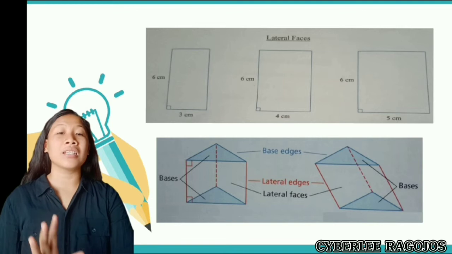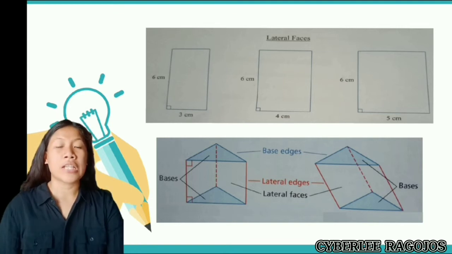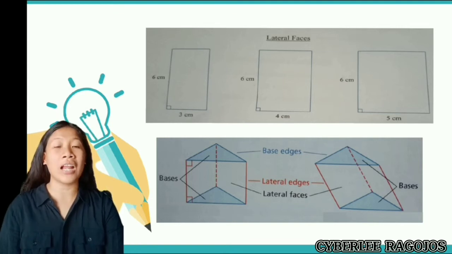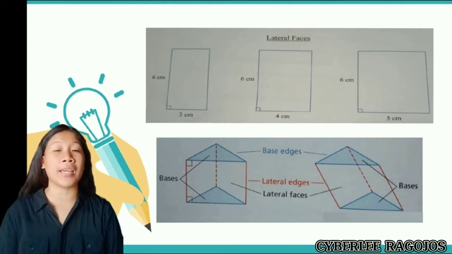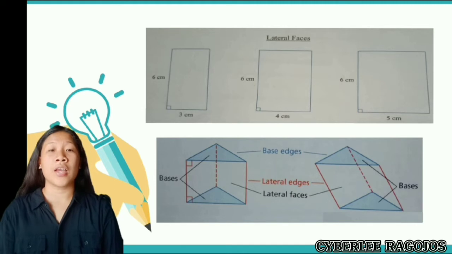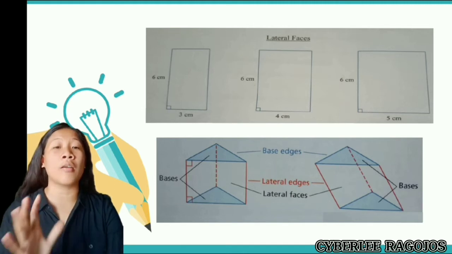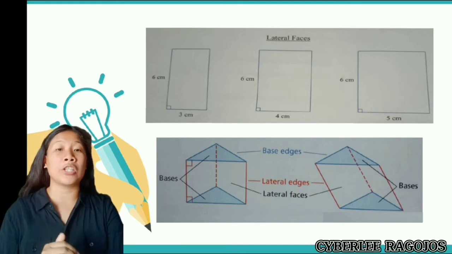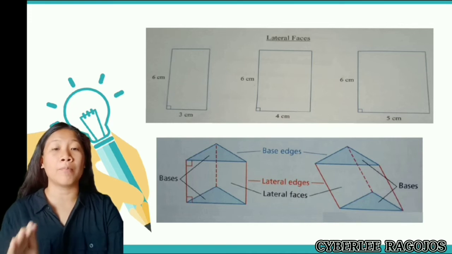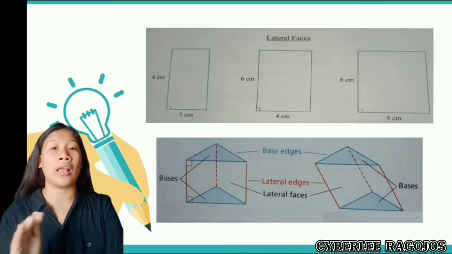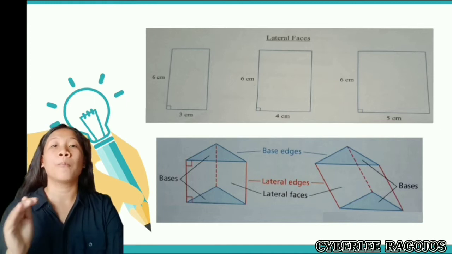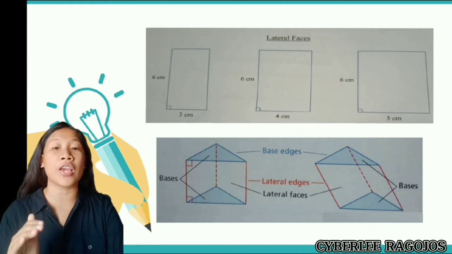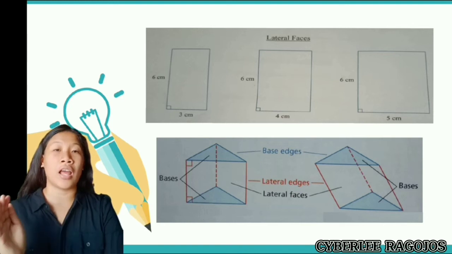So, next is lateral edge. Ano nga ba yung tinatawag natin na lateral edge? You can see in the picture, yung tatlong shape na triangles, the shape theirs are measured, which is represented as the height and base or length and width. So, yung lateral area of the triangular prism is the sum of the areas of the lateral faces.